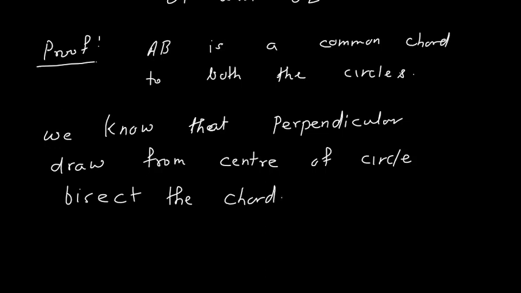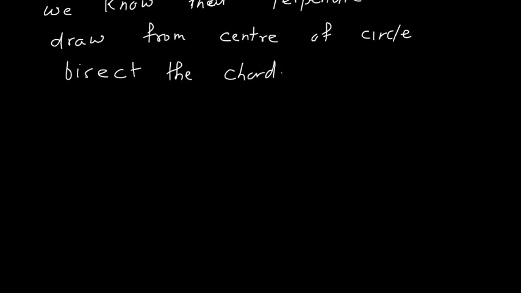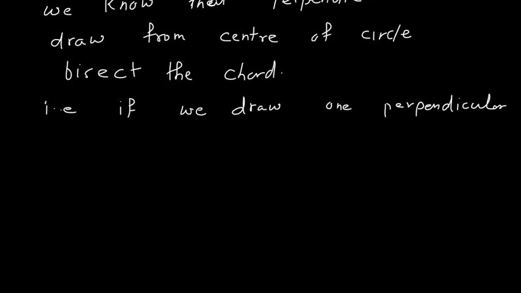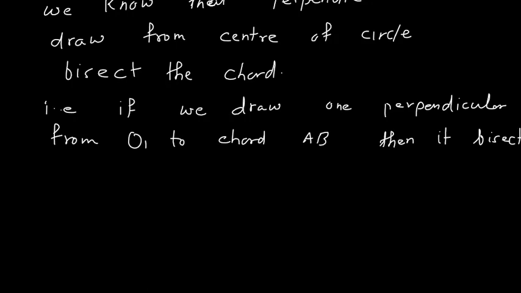That is, if we draw one perpendicular from O1 to chord AB, then it bisects AB.